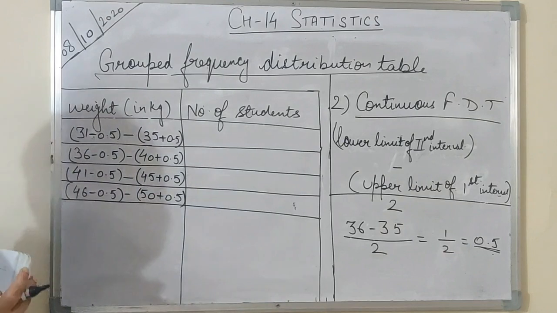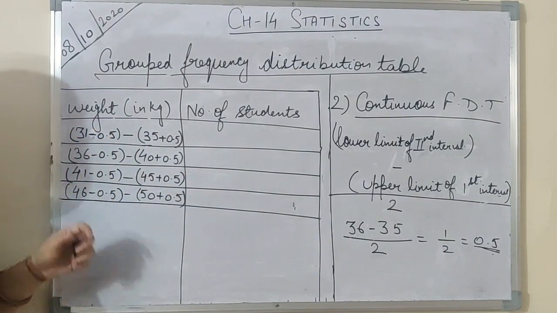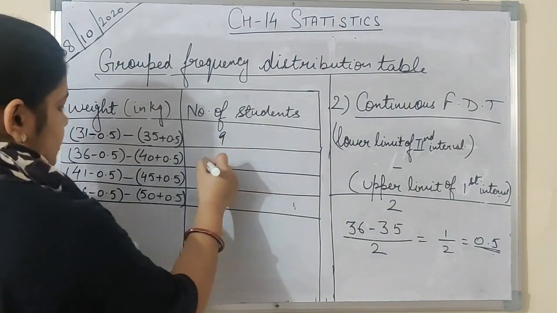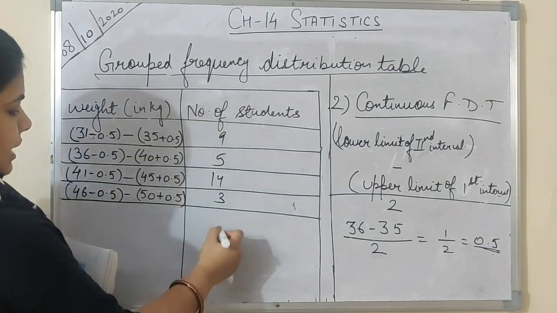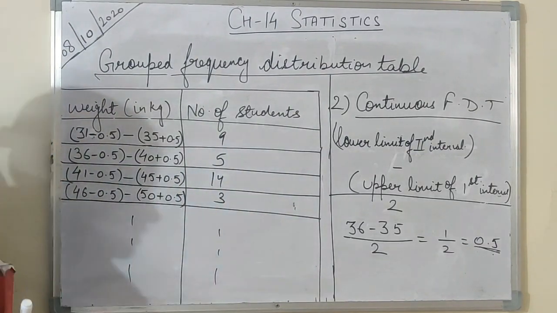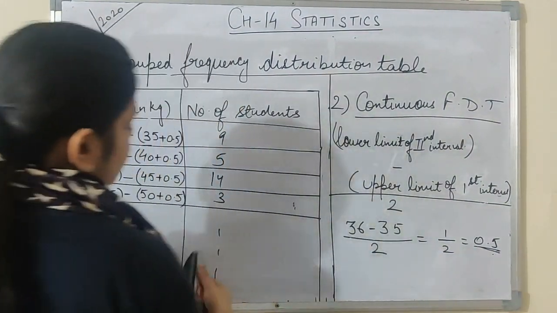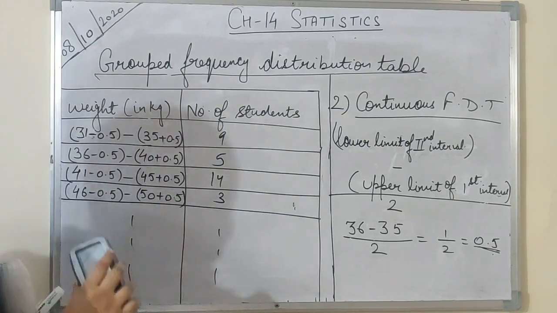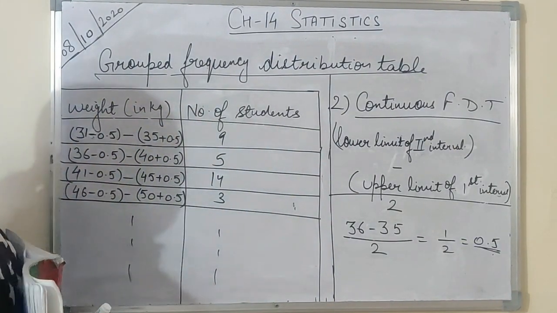Like this, you will get the continuous data. Is this clear? Okay. Like this, you can continue it yourself. I have just told you how to make it. Whatever I am doing here, you have to copy it in your notebooks. So till here I think you have written.